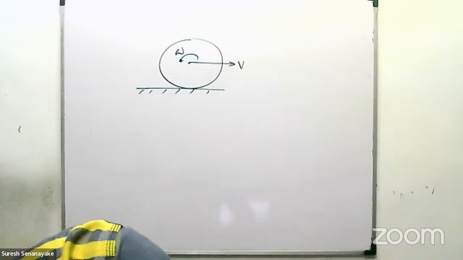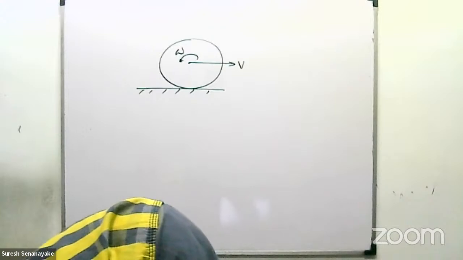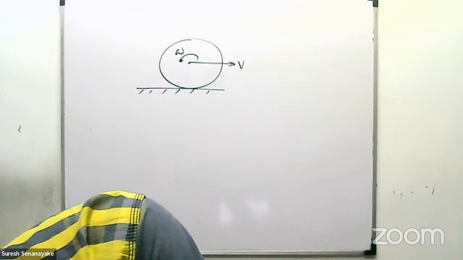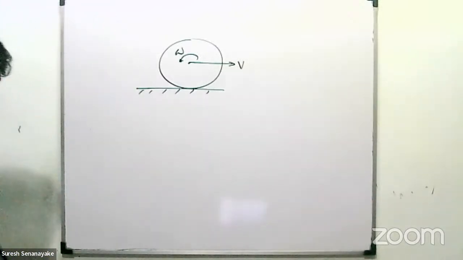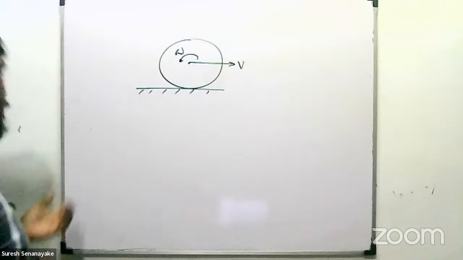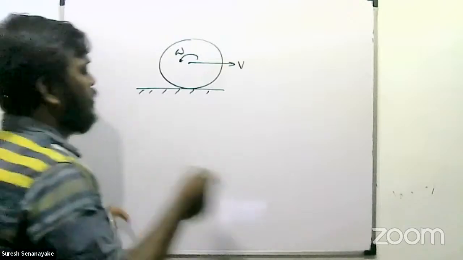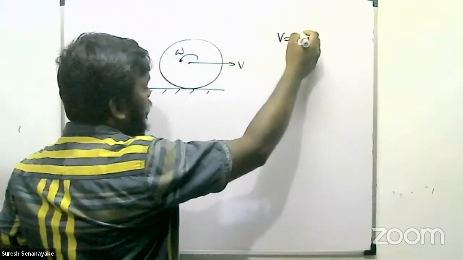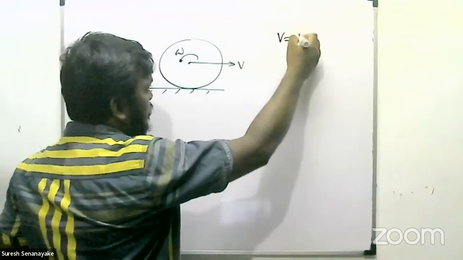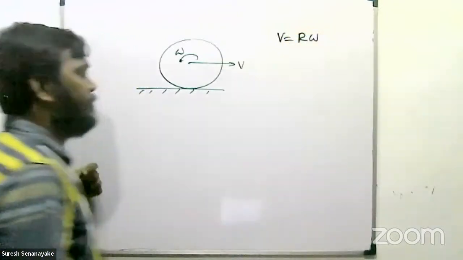Right. Yeah, good. Now, if it's making pure rolling only, you can write the velocity of the center of mass equals R omega.